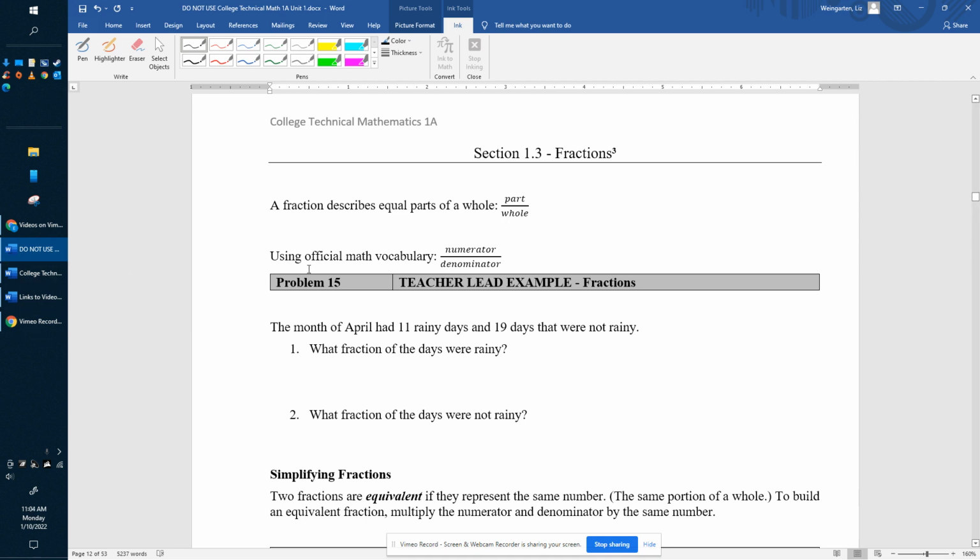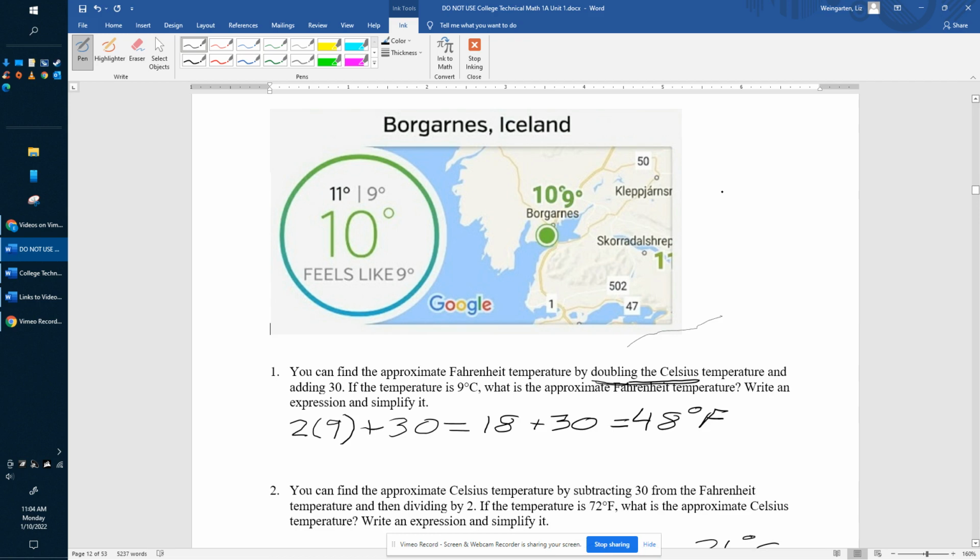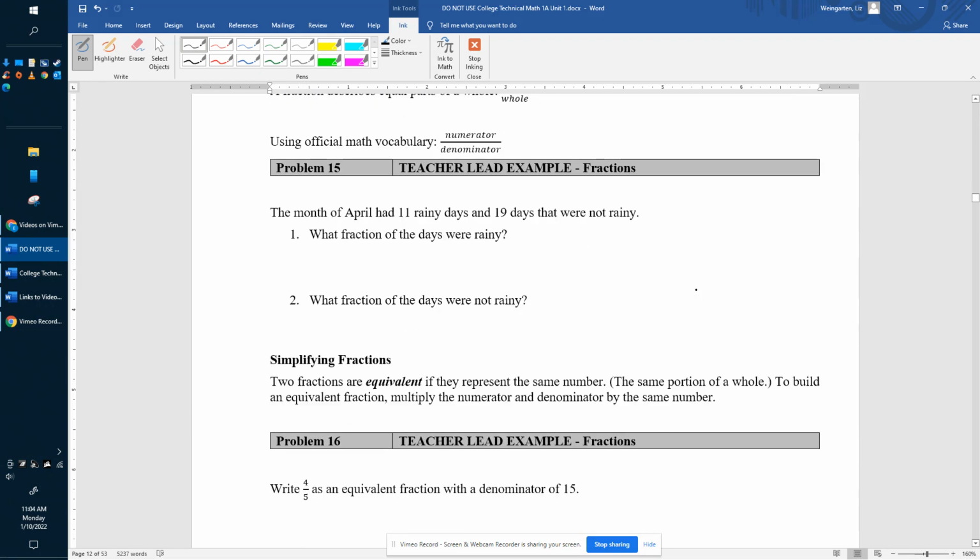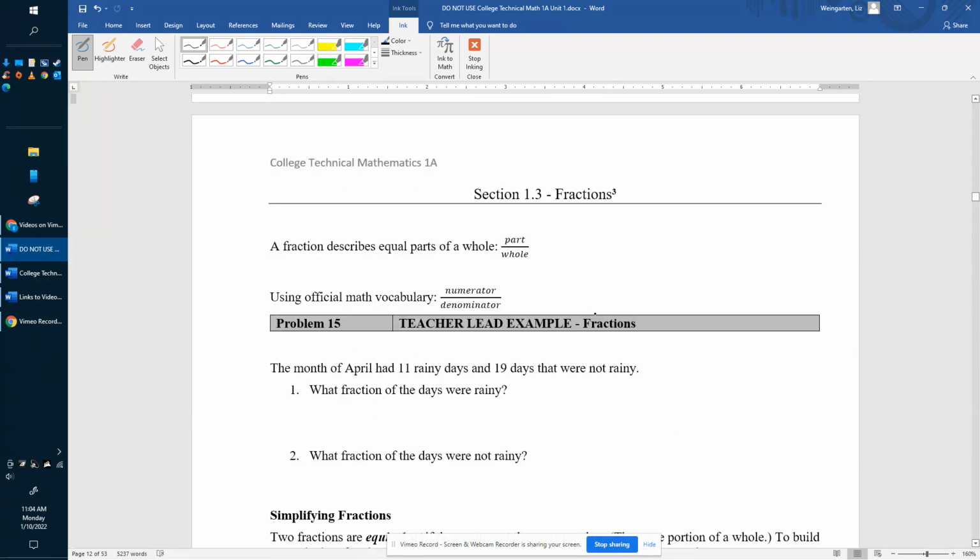So basically speaking, when we're talking about fractions, what's above the fraction bar is the part, and what's below it is the whole. So if we had an entire pizza, get my pen ready. Pizza time.